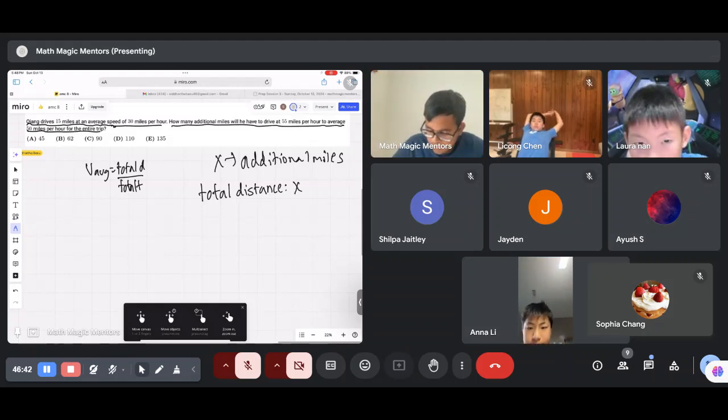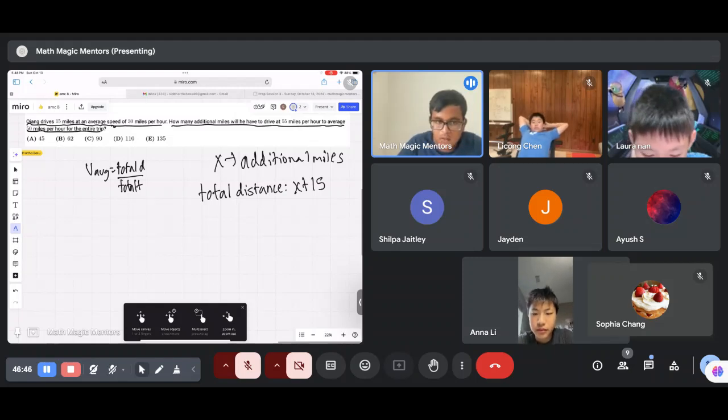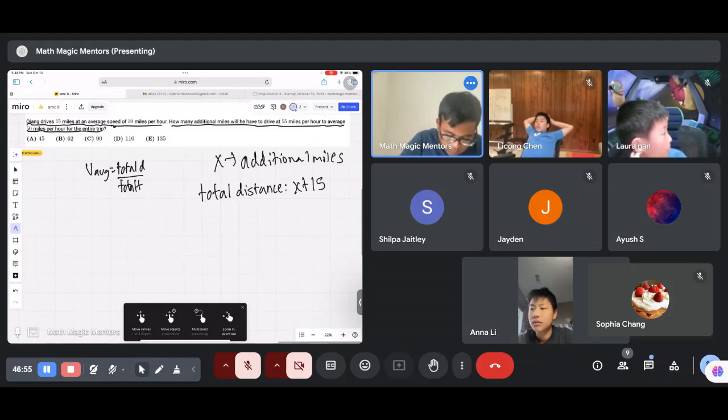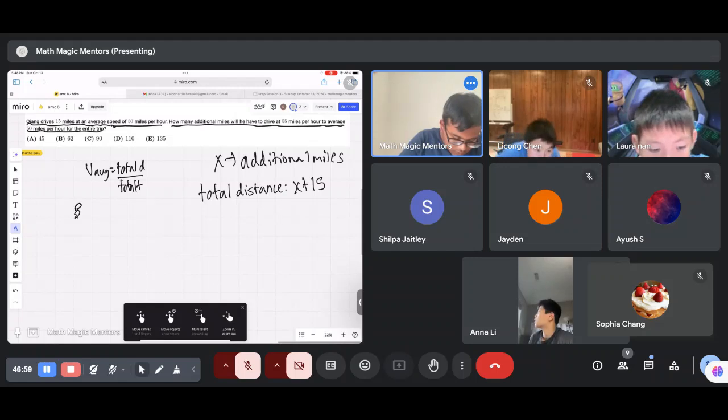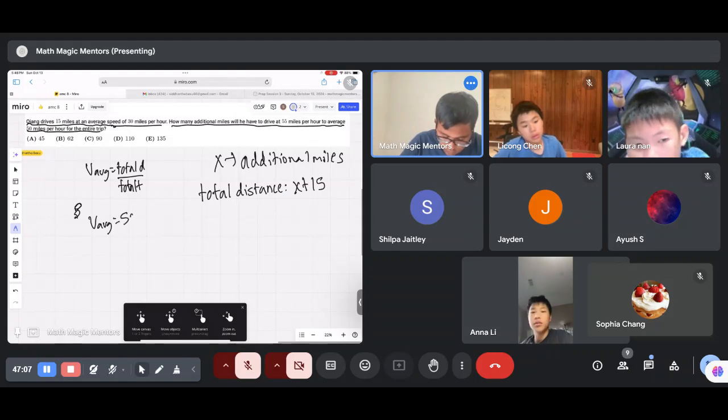So we already have the total distance. Now all we have to do is find the total time, because we're given that we need to average 50 miles per hour for the entire trip. So V average is 50 miles per hour.